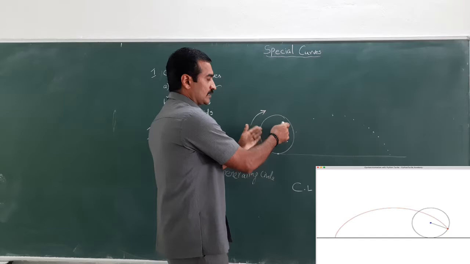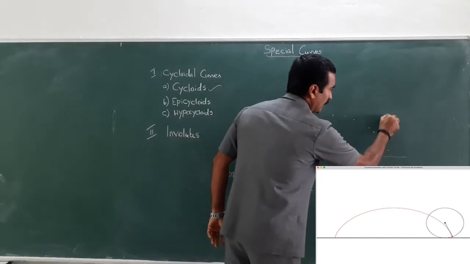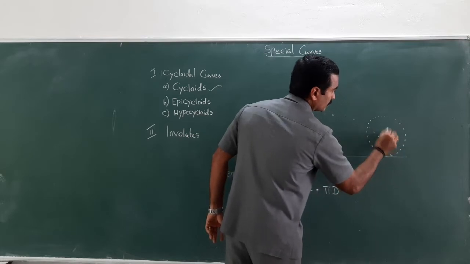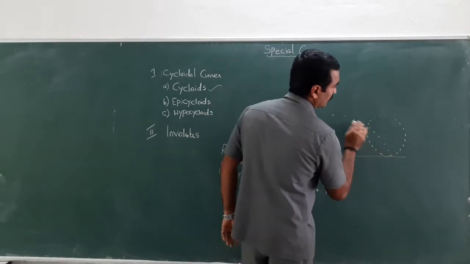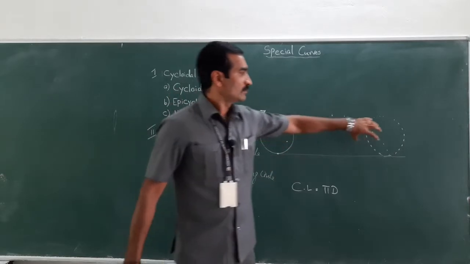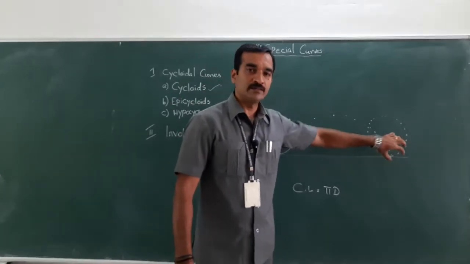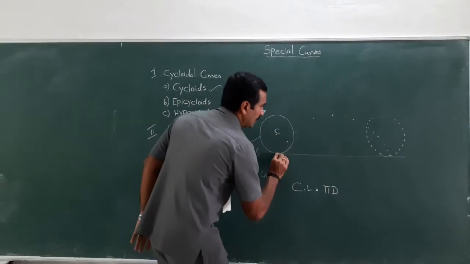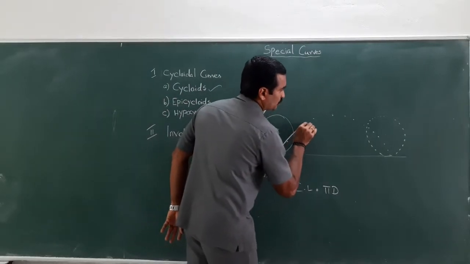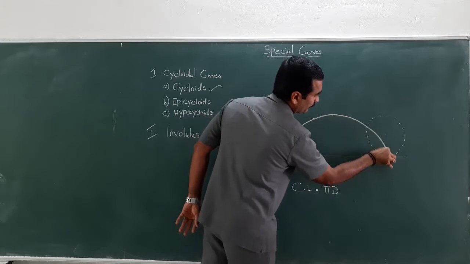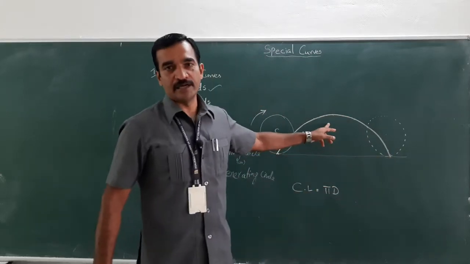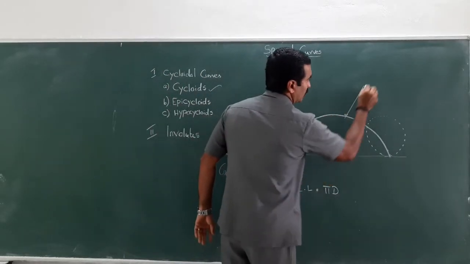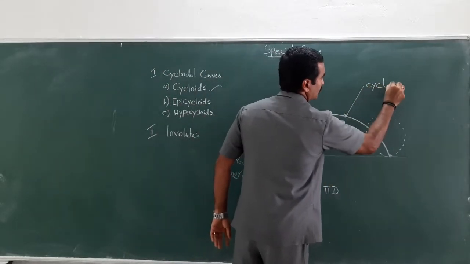So, the circle is here. When it completes one full revolution, the position could be here. This is the starting point. When it starts rotating, it leaves trace. Now, I am just plotting all the traces. So, this curve is nothing but the cycloid. This is called cycloid.